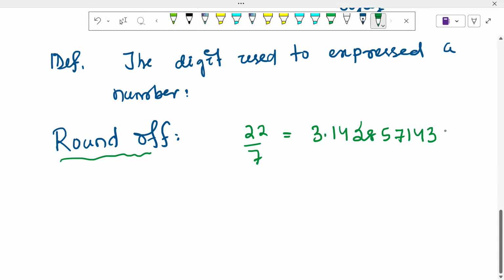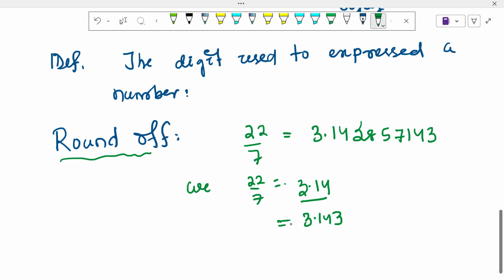In practice, in the present problem or any problem, whenever we consider 22 by 7, it equals 3.14 sometimes, or sometimes 3.143. So we just round off this value.